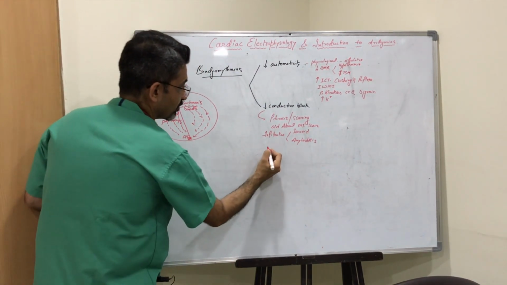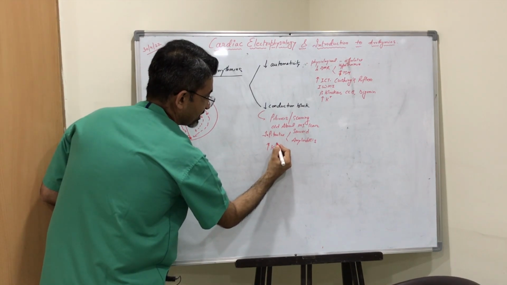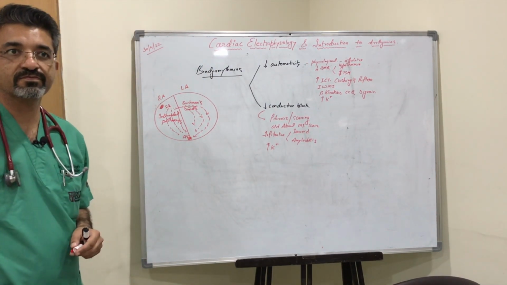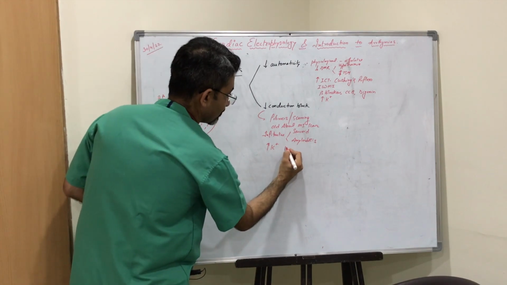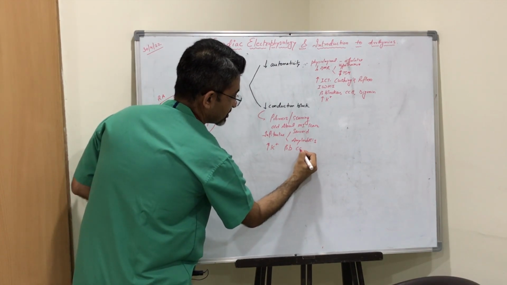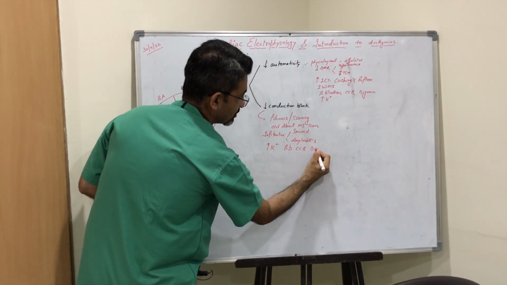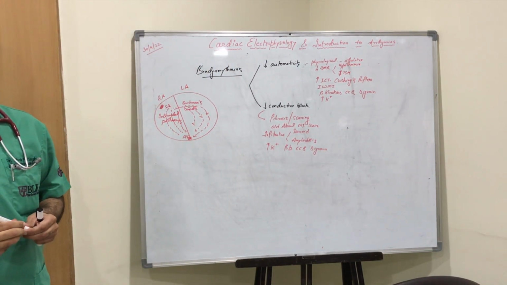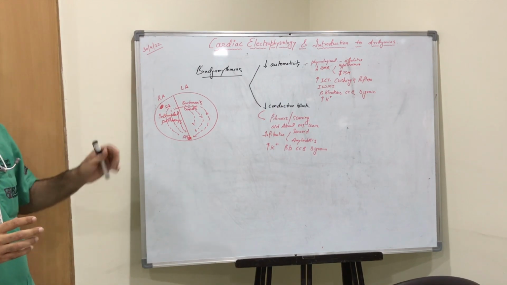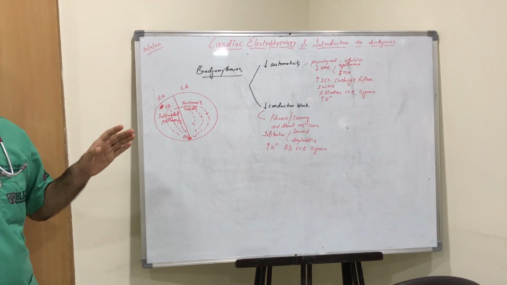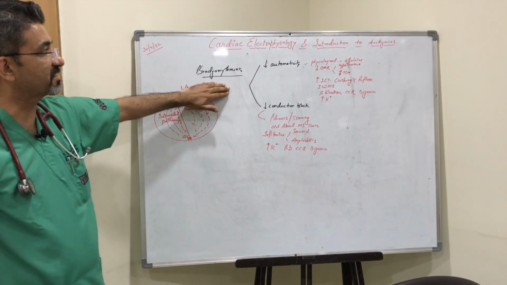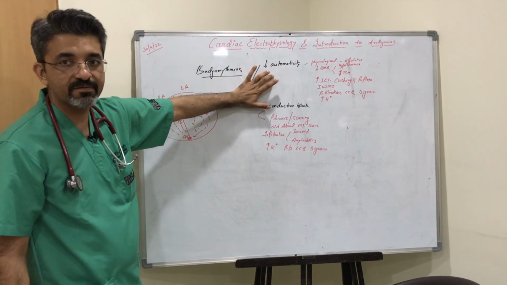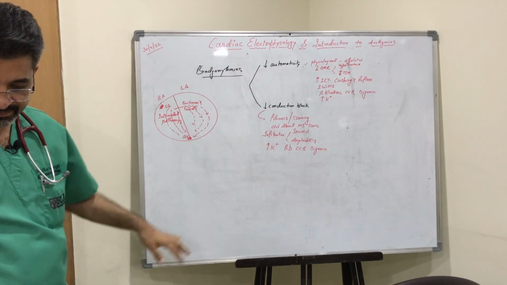Again, potassium can give rise to conduction block. Drugs such as beta blockers, calcium channel blockers and digoxin give rise to conduction blocks. So this is the basic mechanism of bradyarrhythmias, decreased automaticity and conduction block.